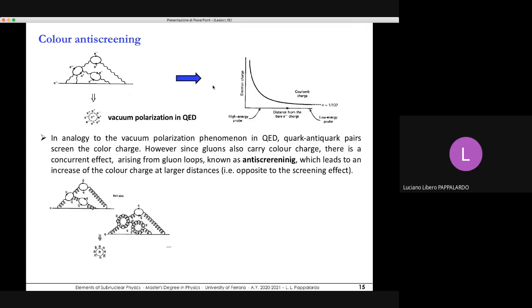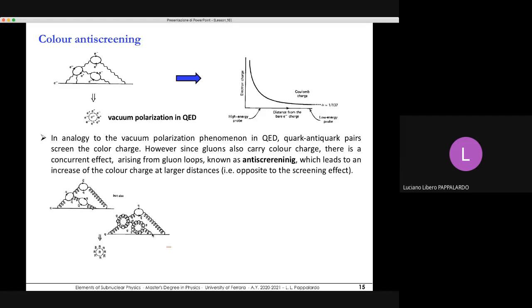What about QCD? We have, of course, a similar phenomenon in QCD, but now dealing with the color charge. So in analogy to the vacuum polarization phenomenon in QED, quark-antiquark pairs can screen the color charge. However, there is an important difference, because differently from QED, in QCD we know that also gluons carry color charge. And so there is a concurrent effect which arises now from the gluon loops, because not only can you have q q-bar loops, but also gluon loops in QCD.